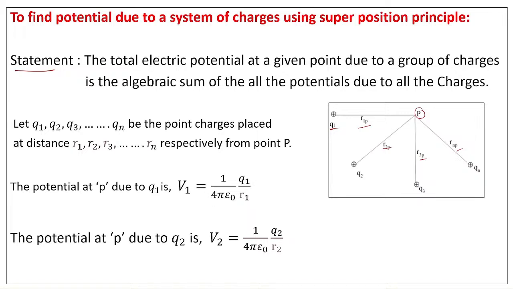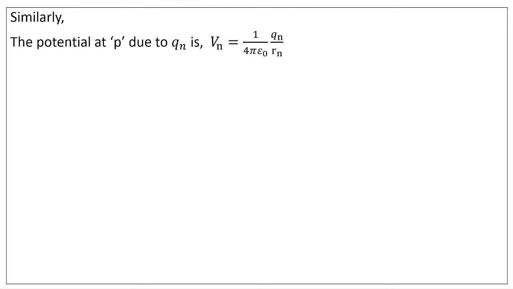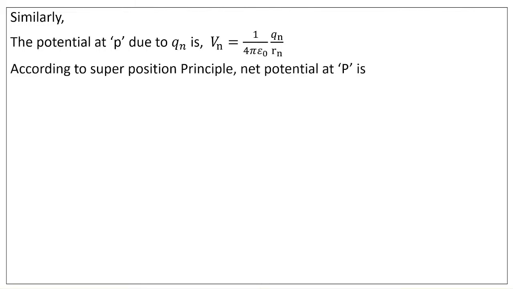The potential at P due to Q2 is V2 is equal to 1 by 4 pi epsilon naught into Q2 by R2. The potential at P due to Qn is Vn is equal to 1 by 4 pi epsilon naught into Qn by Rn.